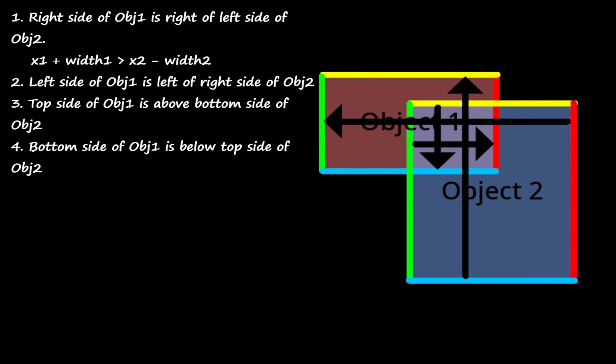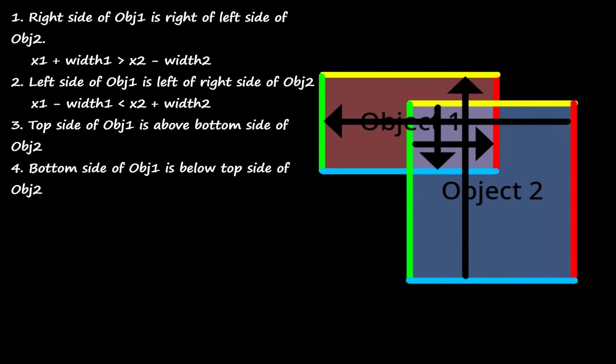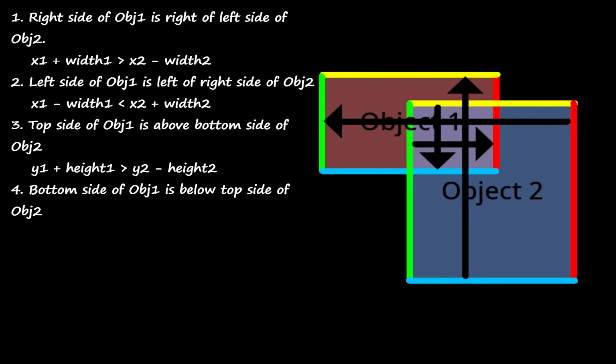Then for number 2, if x1 minus width 1 is less than x2 plus width 2. For number 3, if y1 plus height 1 is greater than y2 minus height 2. And for number 4, if y1 minus height 1 is less than y2 plus height 2. I would recommend that you pause the video here if you don't fully understand it, and try to understand exactly what I'm saying and why this is true.